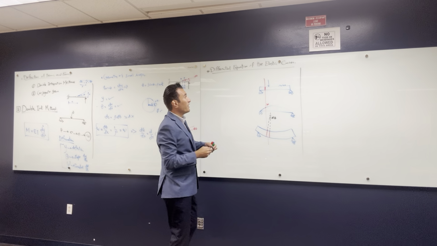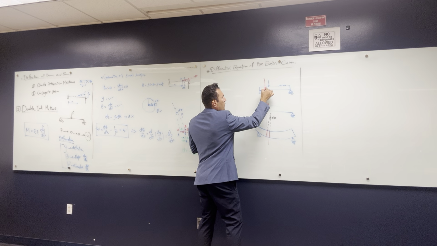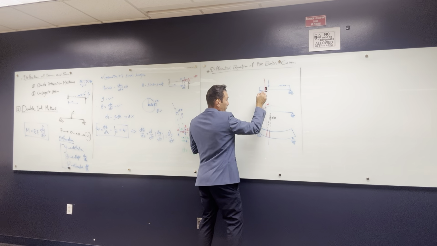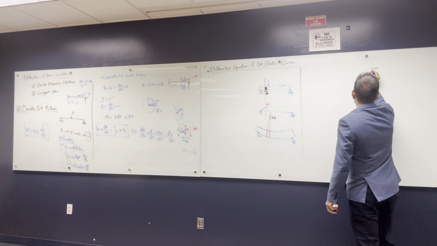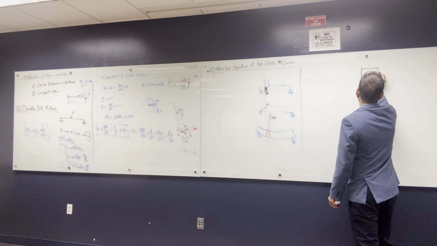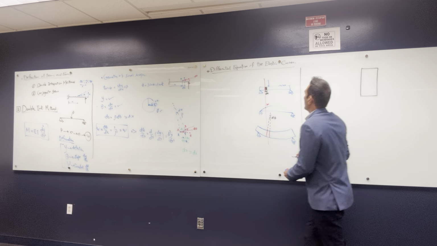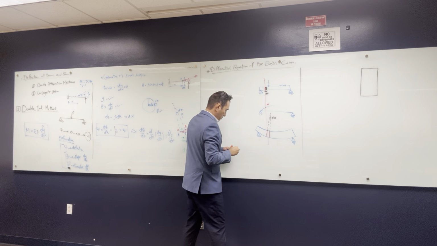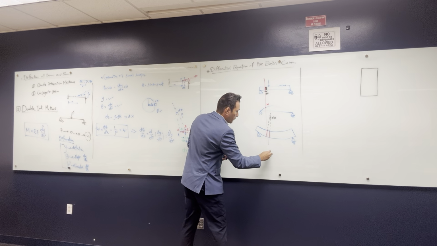But let's actually take this section out, a very, very small infinitesimal cross section like here, with a length dx, and dig deep into it. If I take this out and make it bigger here, let's look at what is going to happen. When I cut into this section, let me draw.